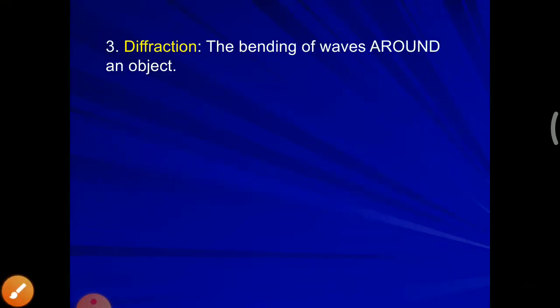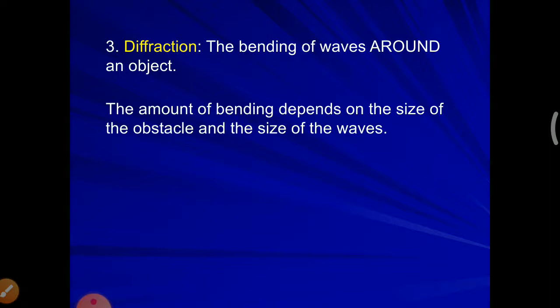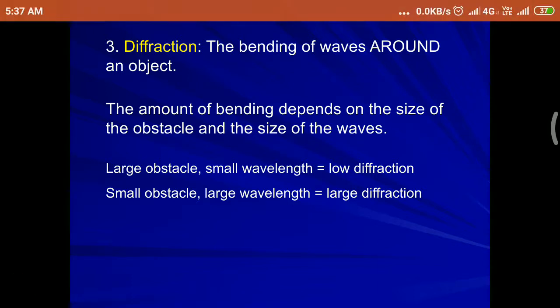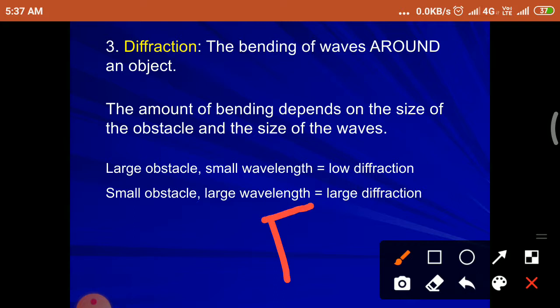The next one is diffraction. The bending of waves around an object is called diffraction. The amount of bending depends on the size of the obstacle and the size of the wavelength. Large obstacle, small wavelength, low diffraction. Small obstacle, large wavelength, large diffraction. Example, maybe a wall is present here.